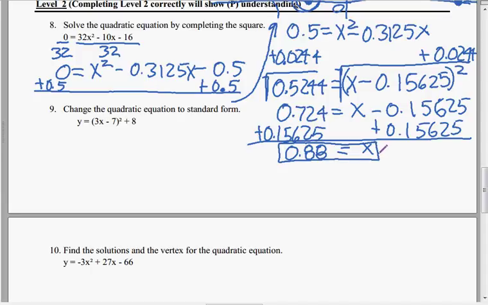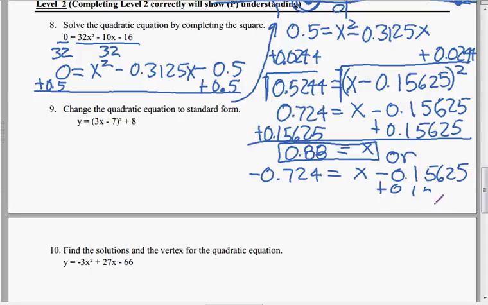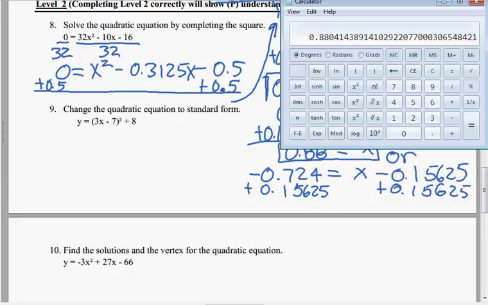But as we know with quadratic equations, we can have two possible answers. Don't always, but usually we have two possible answers. I'm also going to say that negative 0.724 equals x minus 0.15625. I add 0.15625 to both sides. I go back to my calculator.